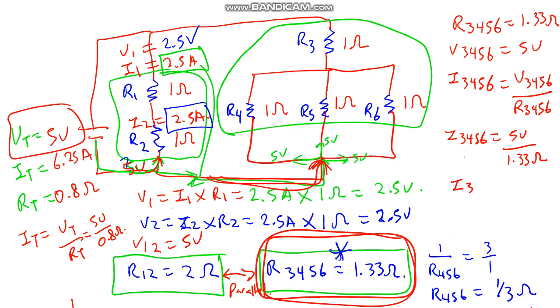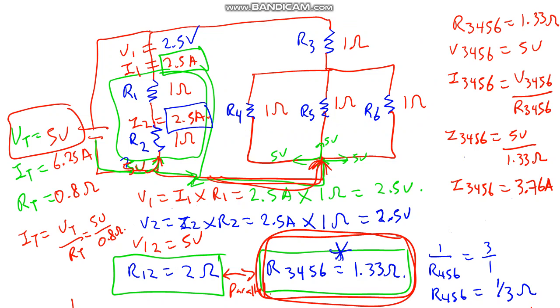So I3456 is equal to 5 divided by 1.33, which is 3.76. And so that means this entire area is going to have 3.76 amps worth of current going through.